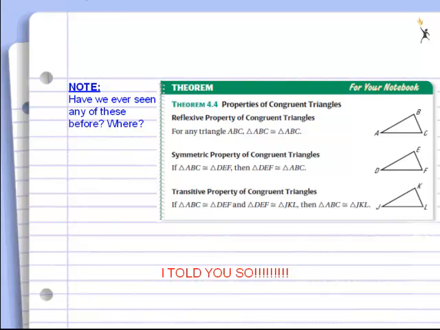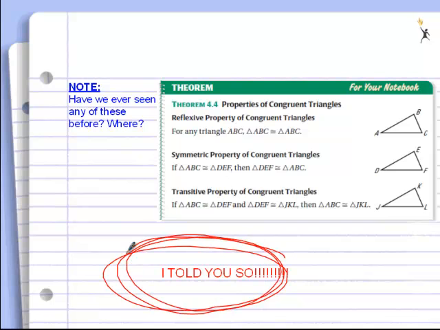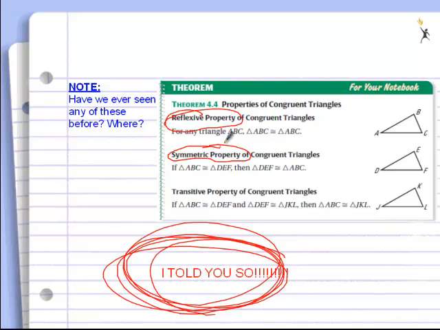There's one more thing that we're going to talk about, and this is a huge I told you so. Huge, huge. The reflexive property of congruent triangles says that any triangle, like ABC, can be congruent to itself, ABC. Then we have the symmetric property, where if ABC is congruent to DEF, then you could also say DEF is congruent to ABC.